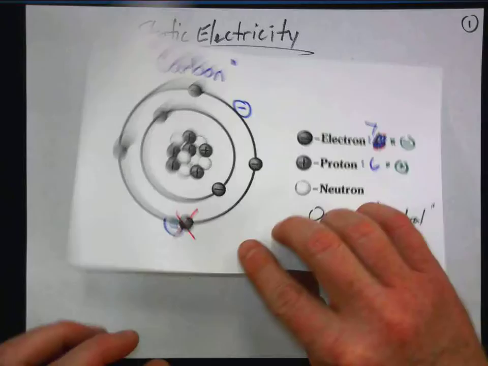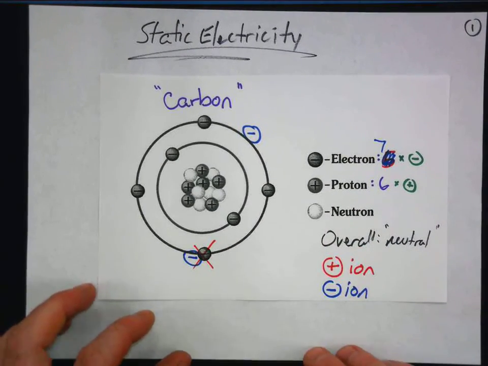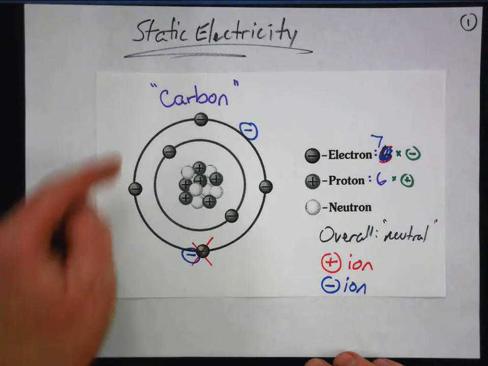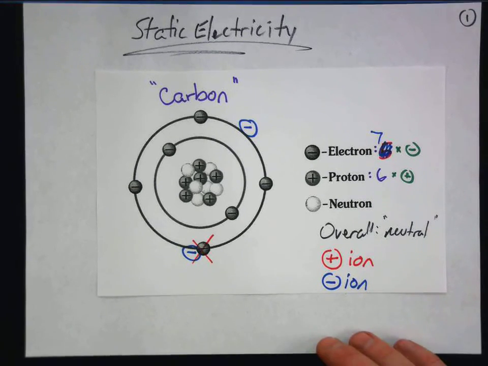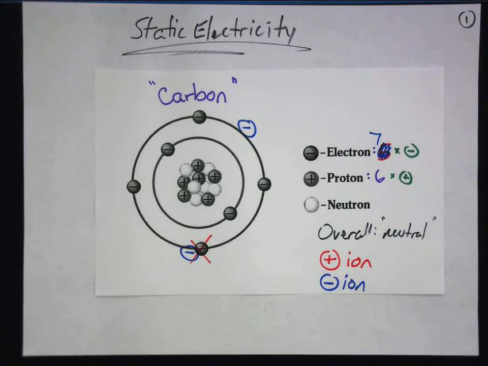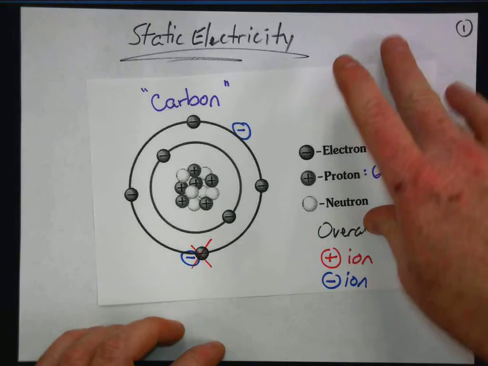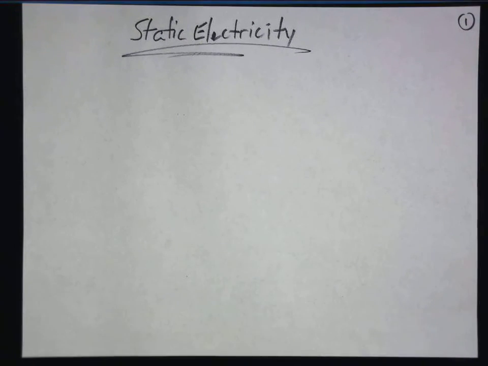Well, the thing about this is, some of these electrons, in some elements, have a greater tendency to break free and move around. And that makes some materials good conductors, while other materials would be good insulators.